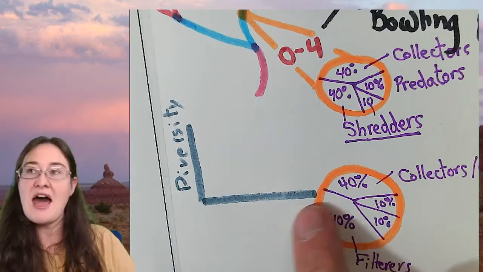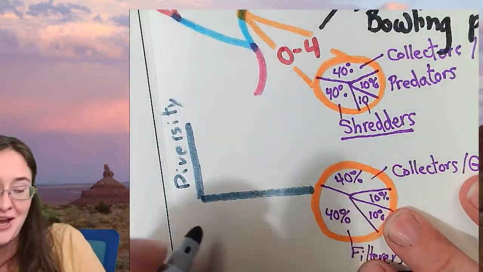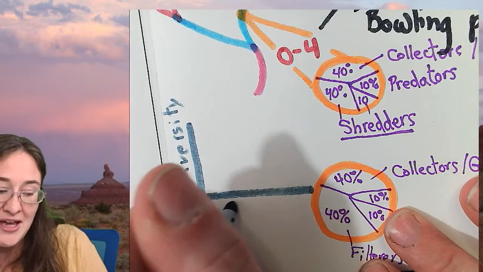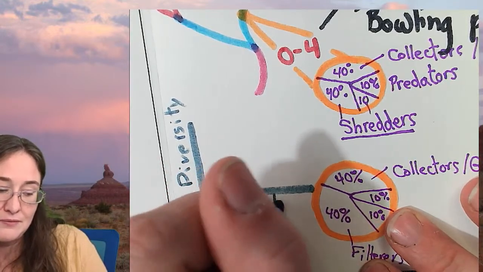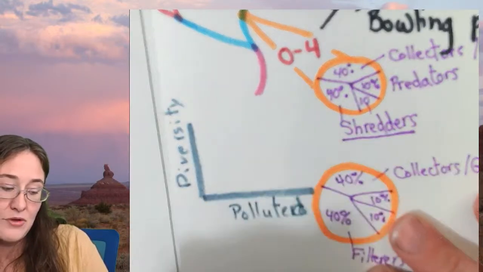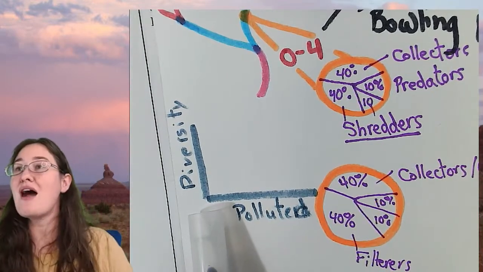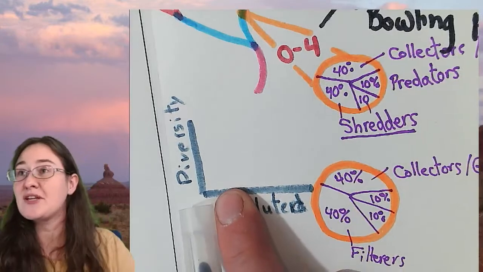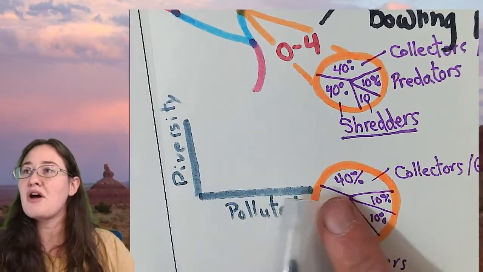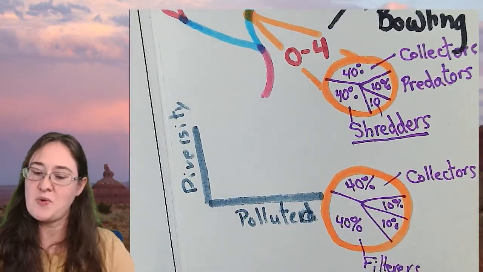Then on this axis, we're going to rank it essentially 0 to 10 polluted, like the range of pollution. So, not polluted at all, absolutely pristine water, middle of the road, absolutely disgusting, gross water.